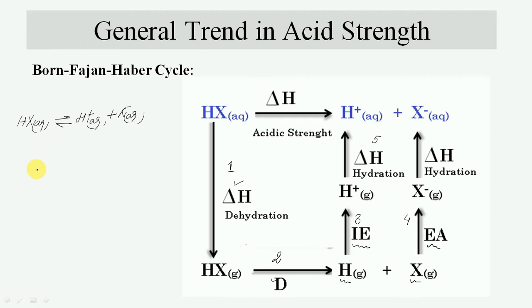Thus, the strength of acid or heat of ionization, that is the sum of all energy terms, may be given by this expression: delta H equals delta H dehydration, dissociation energy, ionization energy, electron affinity, and delta H hydration.